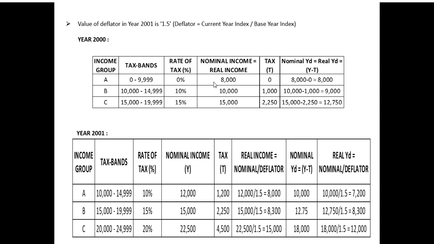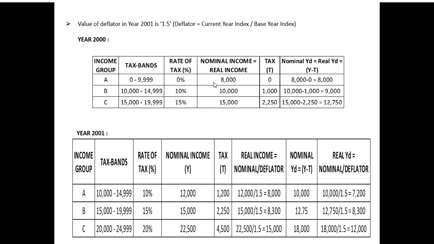When your income goes up by 50%, and you try to adjust that for inflation, if the inflation level is the same, then the real income, which is the nominal income adjusted for inflation, will be exactly the same.